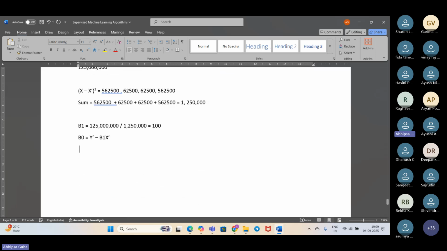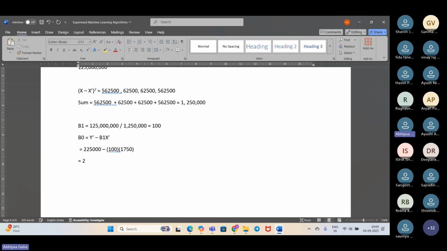So we'll put it like this: 225000 minus 100, that is the value of B1, and X bar we have got 1750, right? Right, guys? Yes, correct, ma'am. I have put the value. Okay, fine.